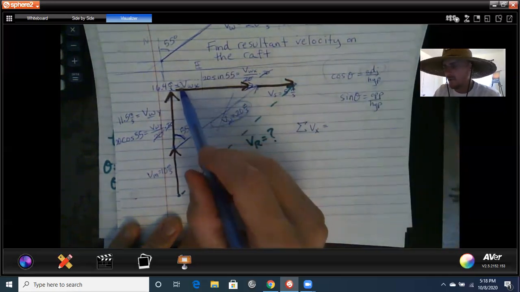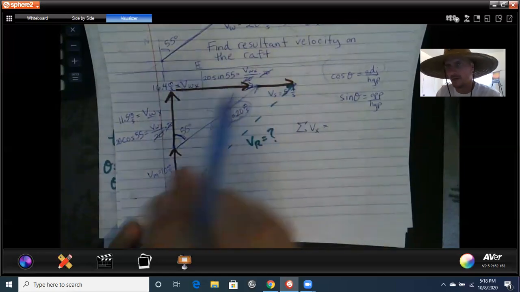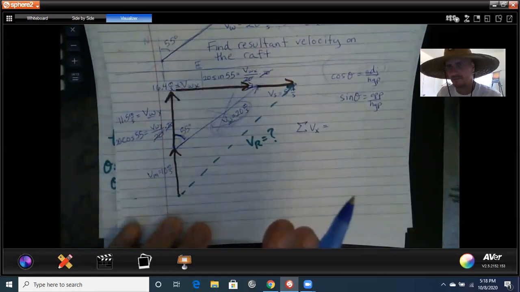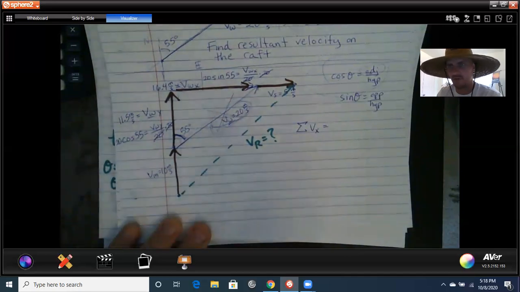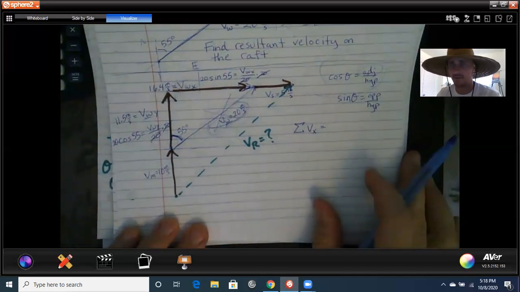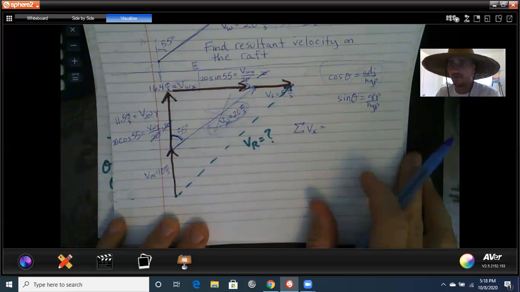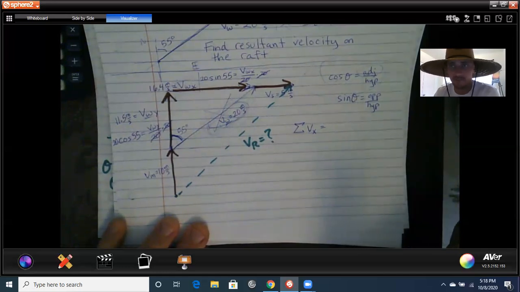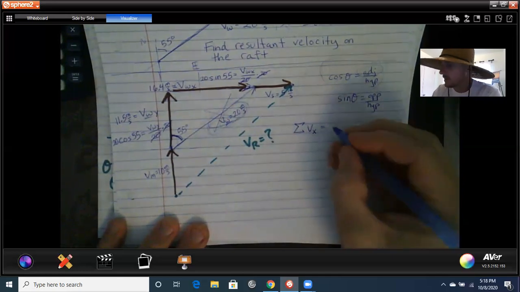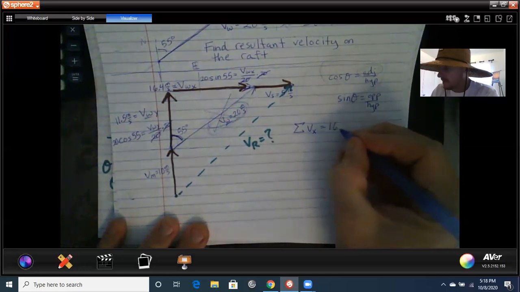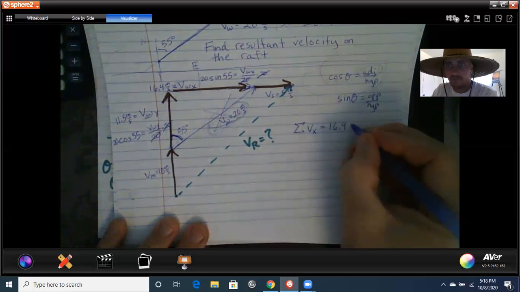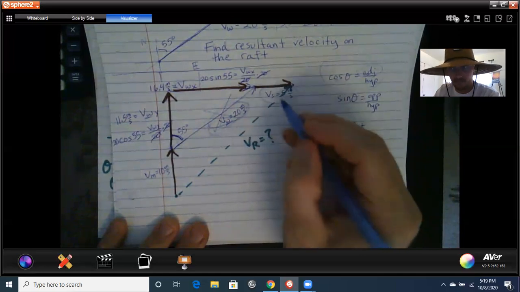Both of my x velocities are heading which direction? East. That means I can just add them both together because they're both going the same direction. I don't have to worry about subtraction, or which one's bigger than the other one. But if you want to stick with always writing the biggest thing first, that's fine. 16.4 meters per second plus who? 5 meters per second.